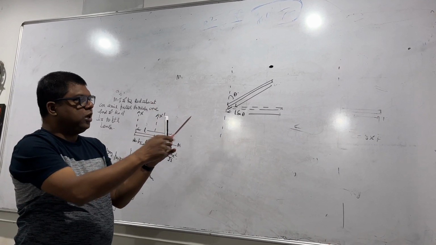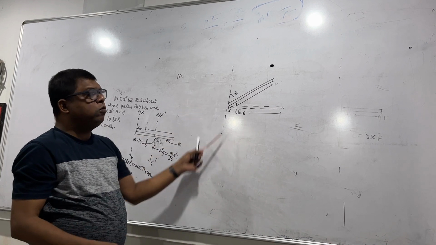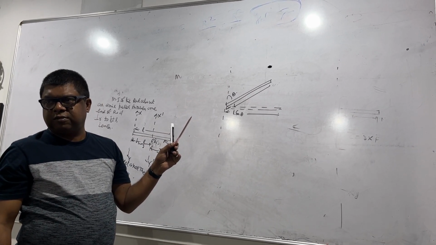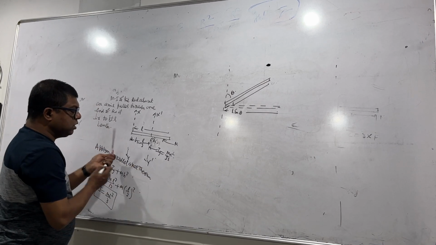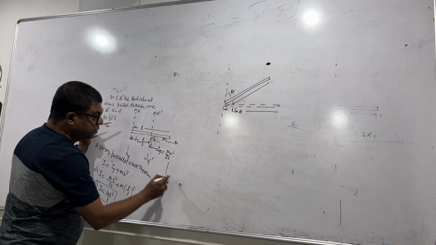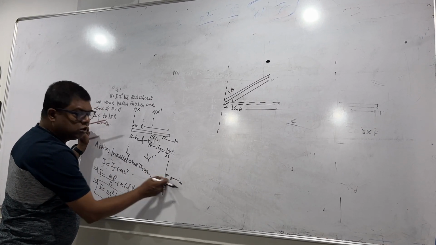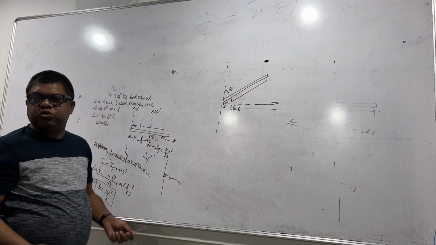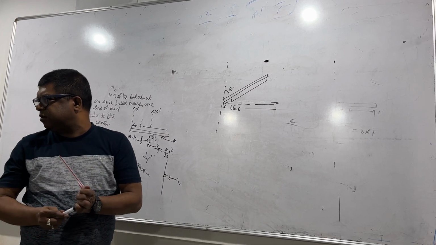L cos theta is along the axis, so it has no moment of inertia. If a particle is along the axis, it has no moment of inertia, because moment of inertia is calculated about a certain distance. It should have a certain distance from the axis. If the particle is on the axis, M r square with r equal to 0 gives no moment of inertia.